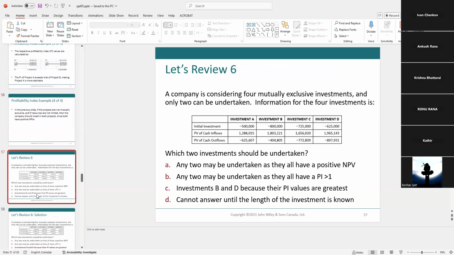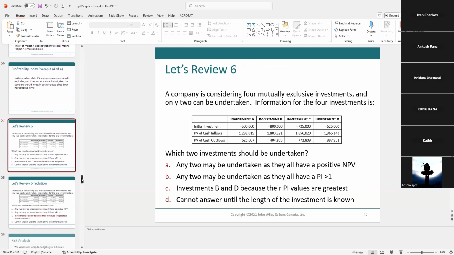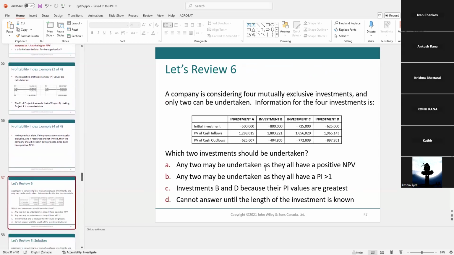So tell me which investment you're going to accept and which one you're going to reject. We have the initial investment, the present value of the cash inflow, and the present value of the outflow.